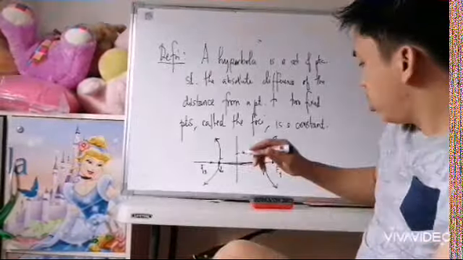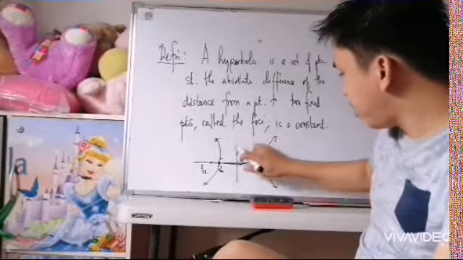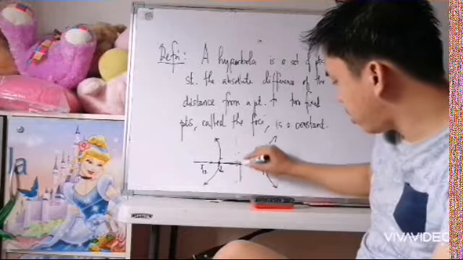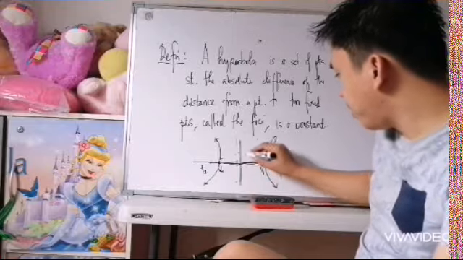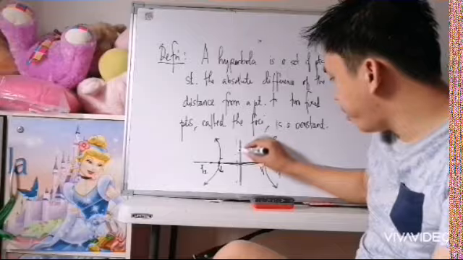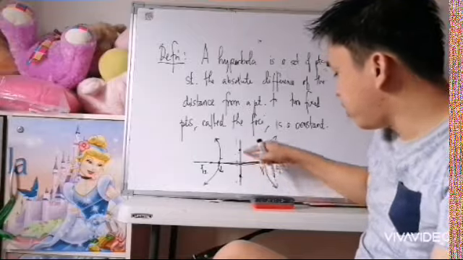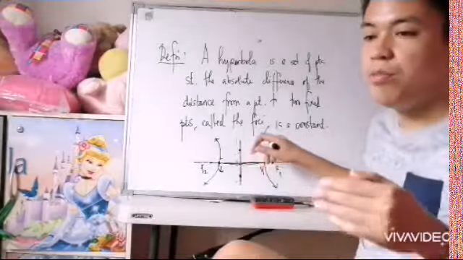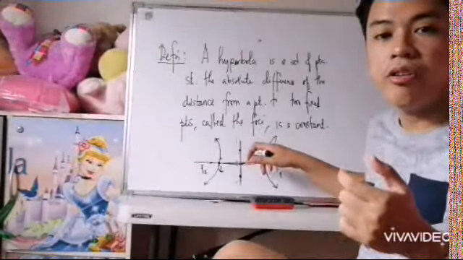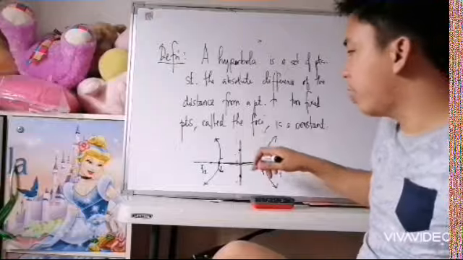Let's say we have another points here. These points are called the co-vertices of the hyperbola.